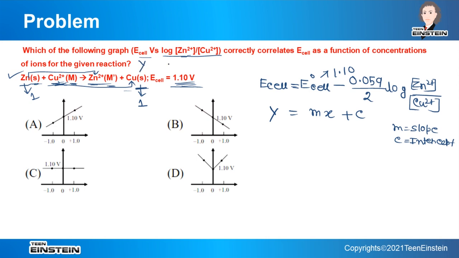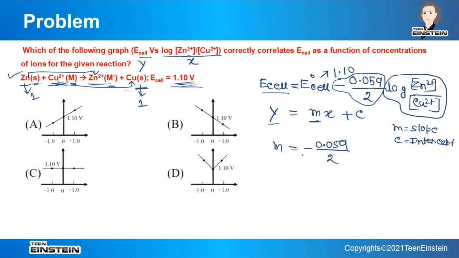So this is y, this is x. So in the left hand side we have y, fine, and x is this quantity. Whatever is written before x will be considered as m. So this part is basically m, right? So m is minus 0.059 divided by 2, and c is 1.10.